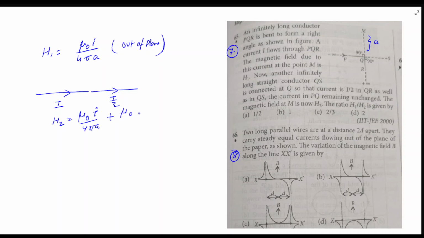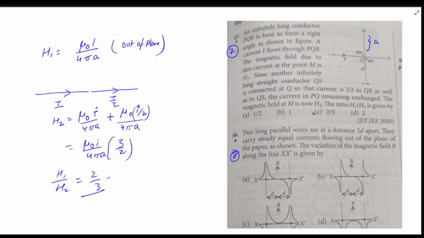The direction will be same, mu naught I by 2 upon 4 pi A. So we get mu naught I upon 4 pi A, we can take common, this will be 3 by 2. So if you divide H1 by H2, you will get 2 by 3, right?